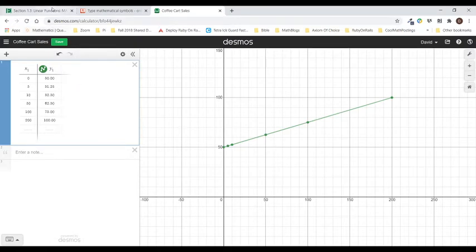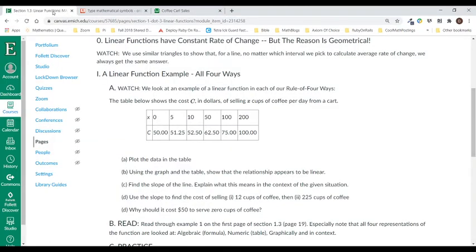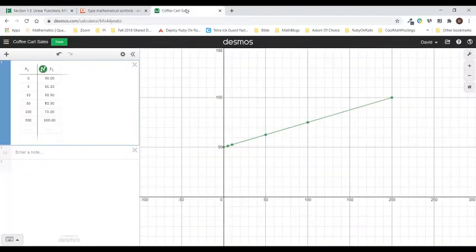Now, what else did they ask for? They said, and the table. I don't like and the table, right? If you have to show from a table that data is linear, you have to show that every possible average rate of change is exactly the same. Let me just calculate one of those so you can see what's going on. What letters did they use?